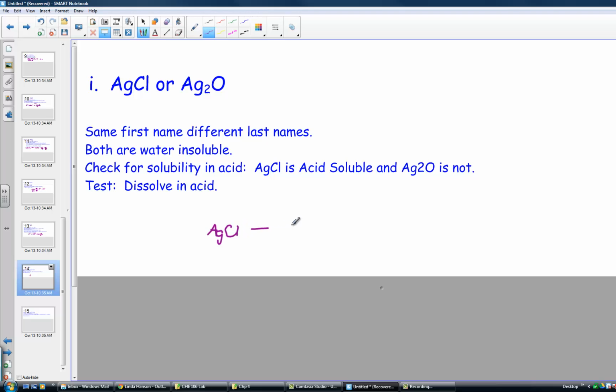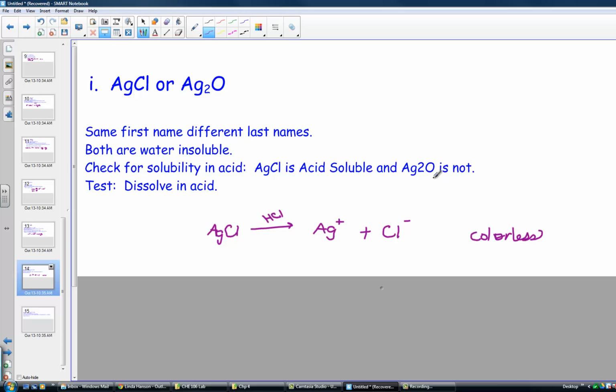And then over the arrow, I'm going to just place the strong acid, and I'll just select HCl, although there's a variety of strong acids. That's the most common in the lab. And then we'll form aqueous ions of silver and chloride. It would be colorless, or actually silver tends to have a little gray tinge to it, but in our sense, it will be colorless.